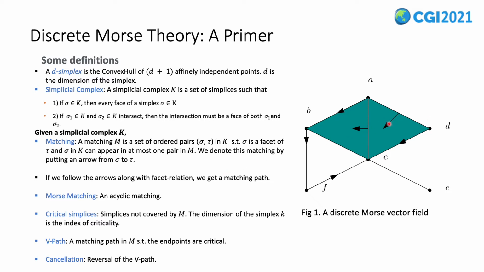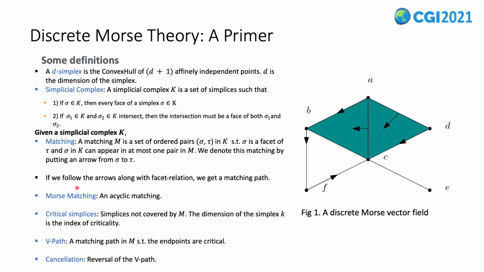Now if we follow this arrow along with the facet relation, let me define what I mean by facet relation. Let's start from this arrow from the edge AD. Following this arrow we reach this triangle ACD, and then we go to a facet of ACD, that is AC, and then again follow the arrow.